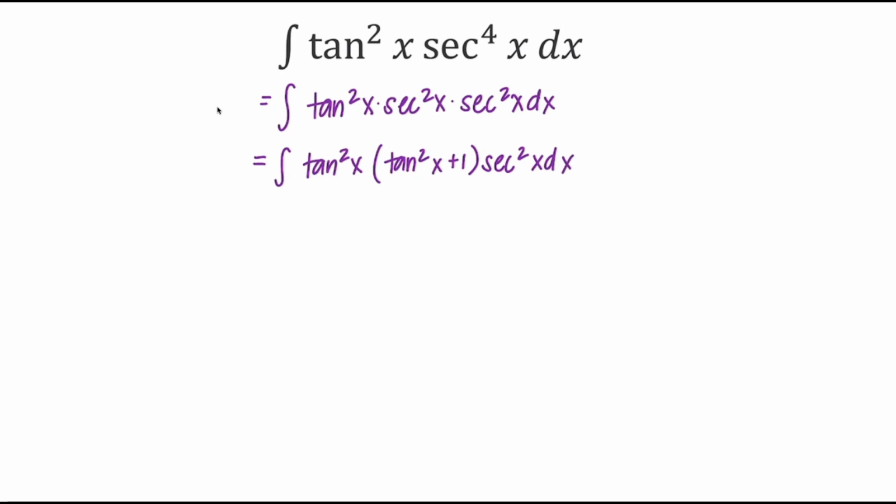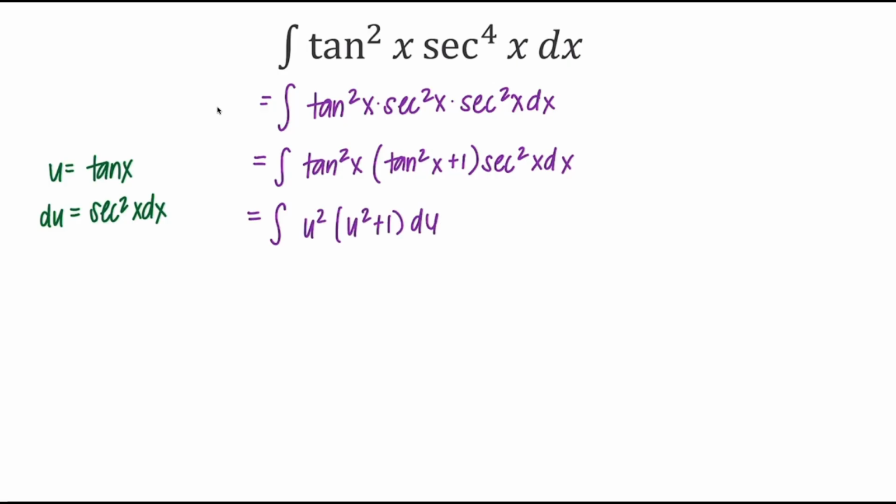Now we can let u be tangent x, then du is secant squared x dx, and my integral becomes the integral of u squared times the quantity u squared plus 1 du, or the integral of u to the fourth plus u squared du. They become such nice polynomial integrands.